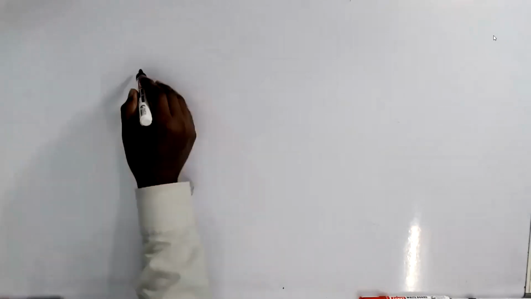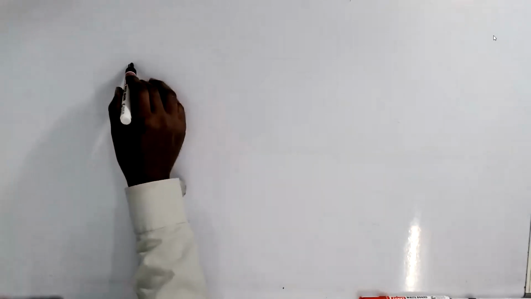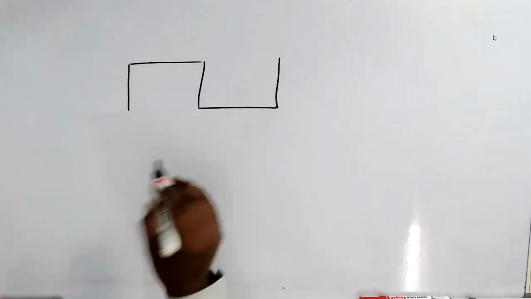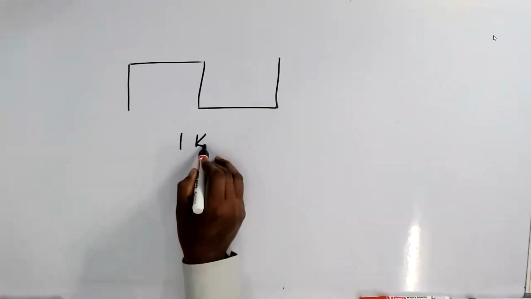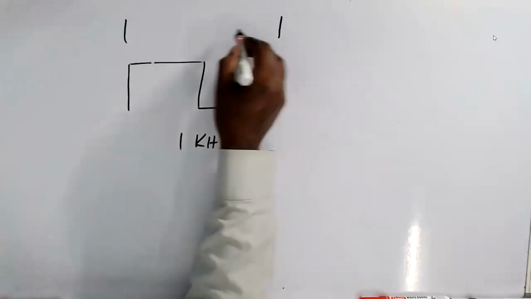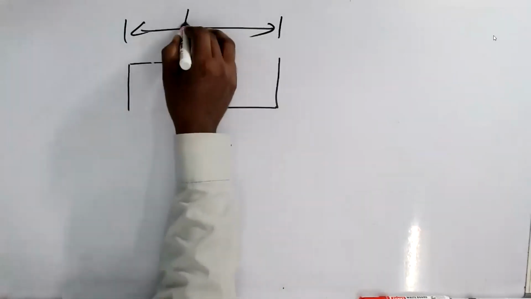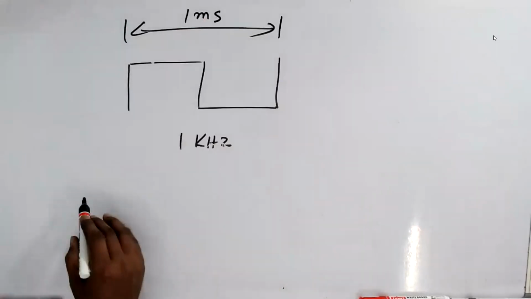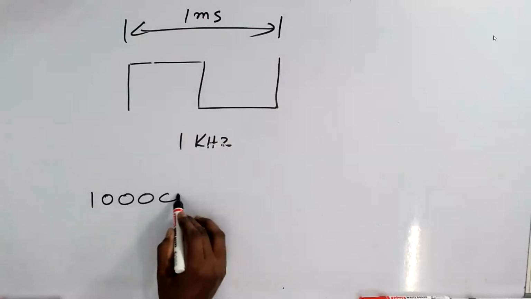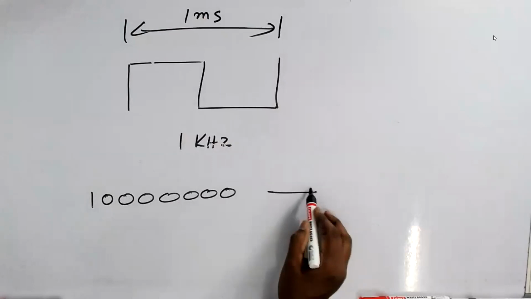Now, we have calculated this frequency. Let us say you are trying to make 1 kilohertz. 1 kilohertz means 1 millisecond is the time. We have done a calculation that a count of 1 crore is equal to 26 seconds.